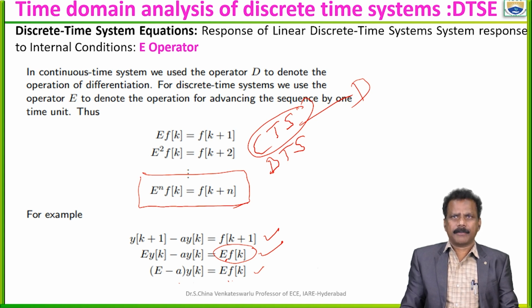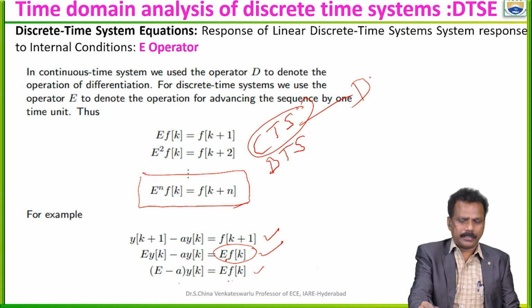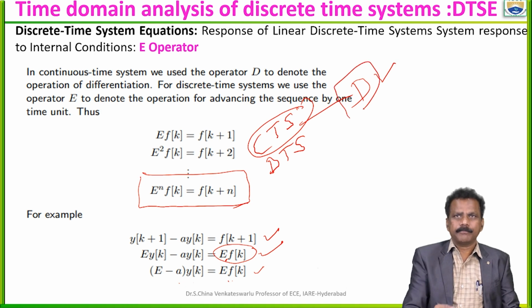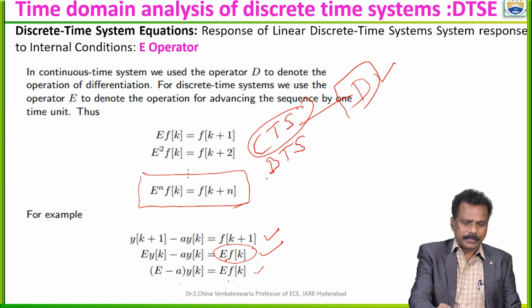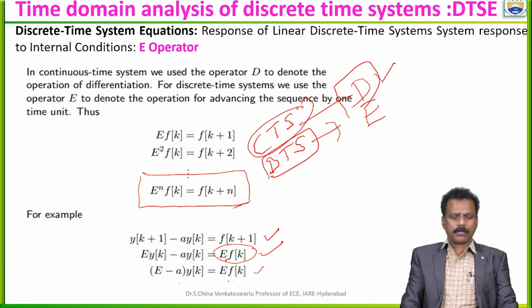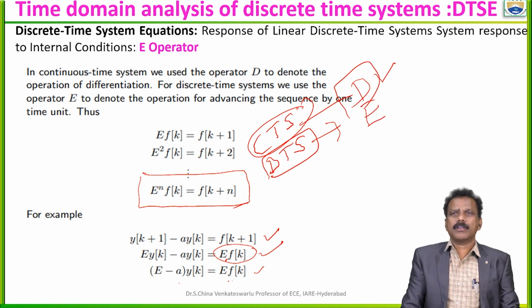For the discrete time system, we use the operator E. Here, for the continuous time system it is denoted with capital D, and in the discrete time system we use the operator capital E to denote the operation of advancing the sequence by one time unit, like E into f of k is equal to f of k plus 1, E square into f of k is equal to f of k plus 2, and so on.